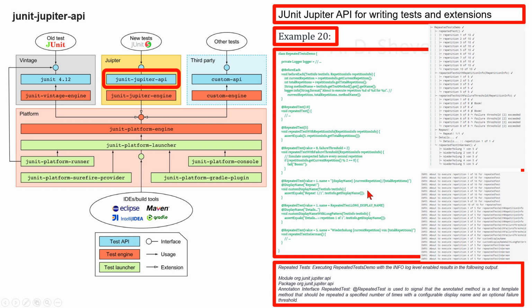In contrast, the custom display name with the long pattern uses the aforementioned predefined RepeatedTest.LONG_DISPLAY_NAME pattern. Repeated test in German demonstrates the ability to translate the display names of repeated tests into foreign languages.